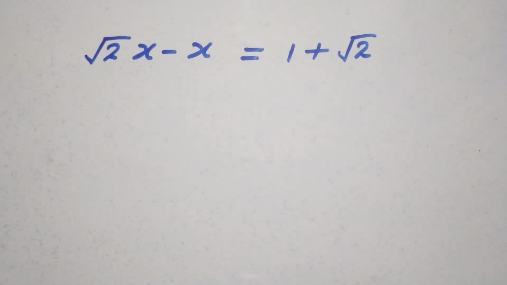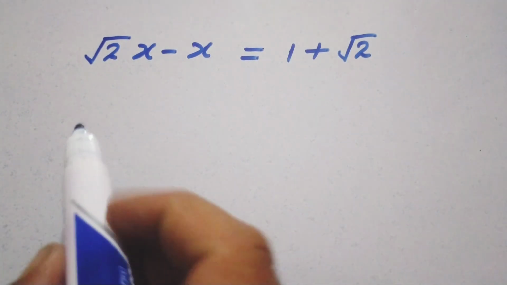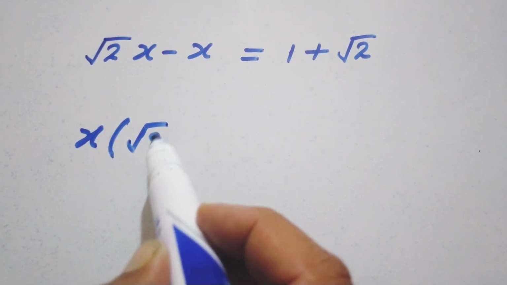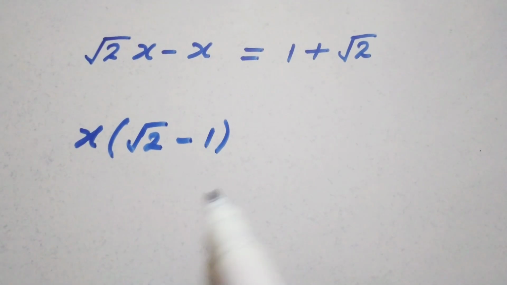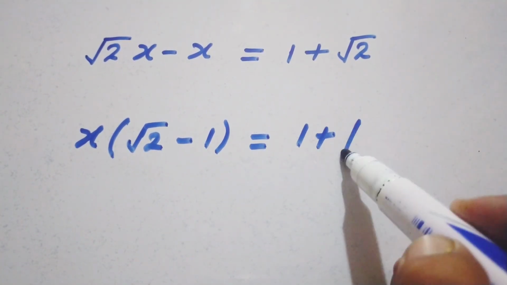As we are interested to find out the value of x, by taking x as common, here inside we have square root 2 minus 1, because x we have taken common, is equal to 1 plus square root 2.